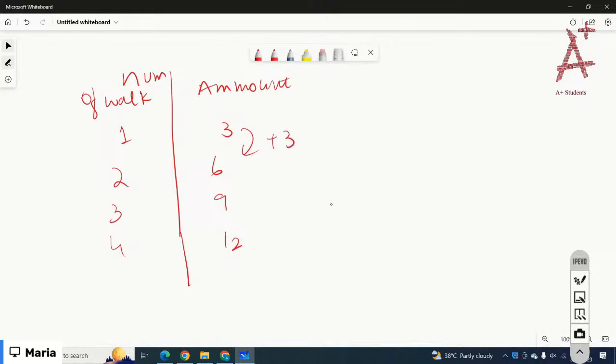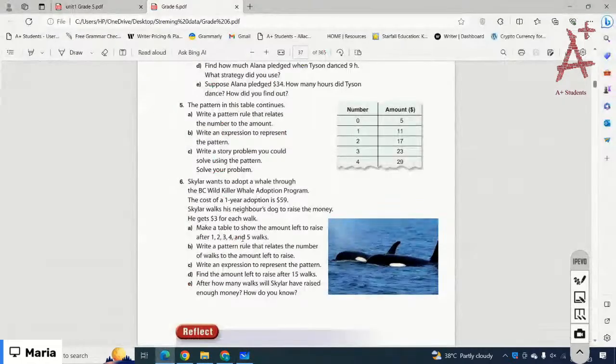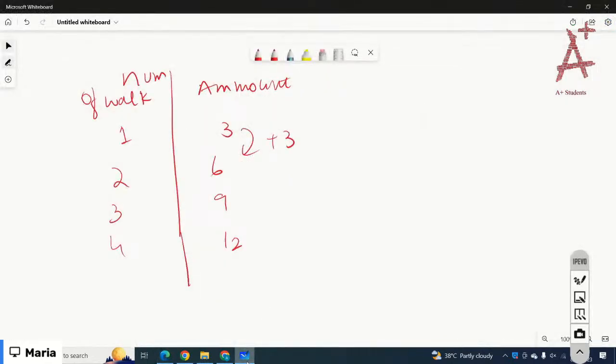Every time the amount is increasing by 3, right? The question is, make a table to show the amount left to raise after 1, 2, 3, 4, 5 walks. Write a pattern rule, write an expression that represents the pattern. You have to write down the expression, right? It would be 3n, because for every walk he earned $3, right?